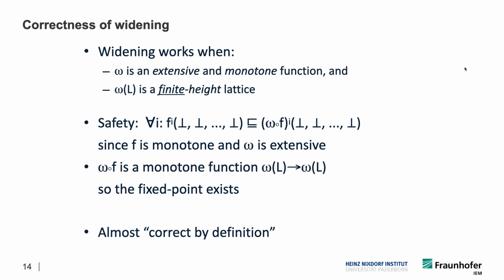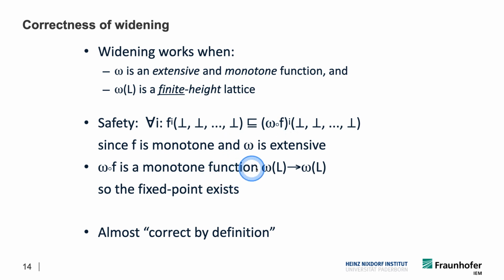And then we basically obtain this safety condition here, which is saying that compared to the normal value that we would compute in every single iteration, so for every i, we get the guarantee that if you apply omega afterwards, we do get a larger value, right? That's simply because F is monotone and omega is monotone and also extensive.